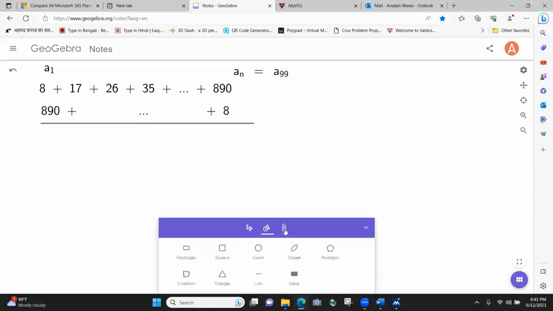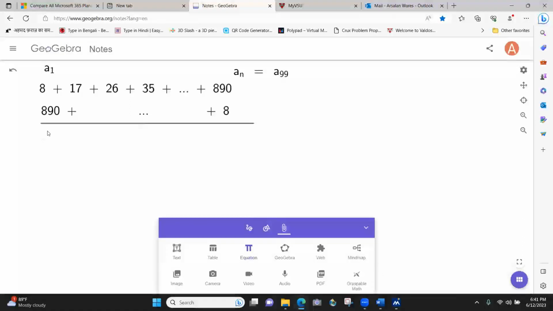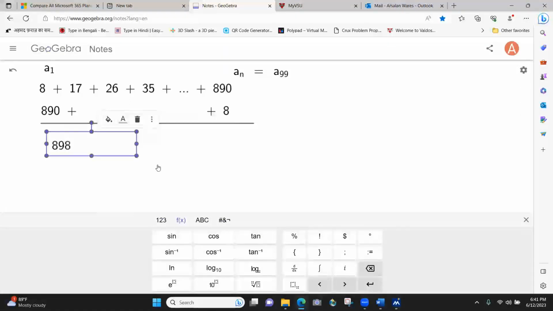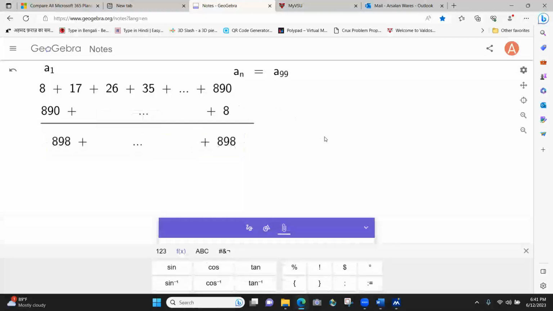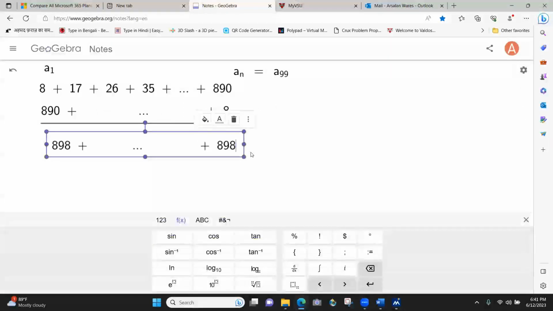And each time I'm going to get 898. And that helps a lot. I know on line 3, I will have 898. How many times? 99 times. 898, 99 times. What does that turn out to be?